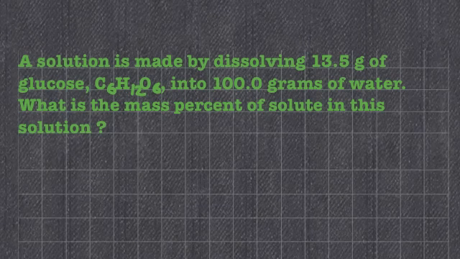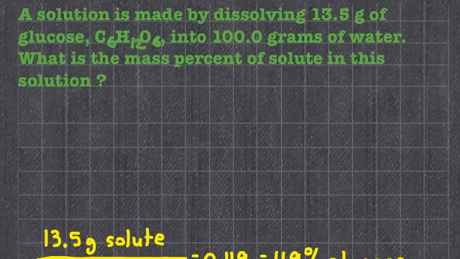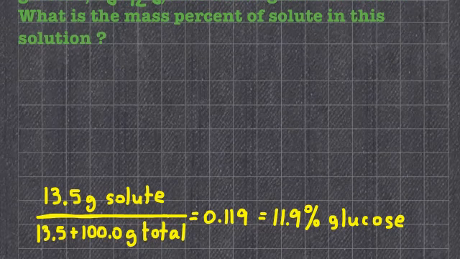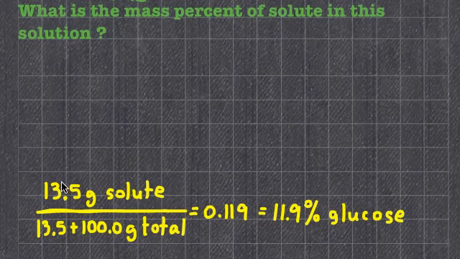If my question is just about the mass percent, all I need is the mass of sugar, 13.5 grams, and the mass of water, 100 grams of water, which is also probably 100 milliliters of water, and I divide the two. This is what's in question. This is my total in the mixture. Although I could think of a situation where I might have more than 2 components in the mixture. In any case, it's 11.9%.